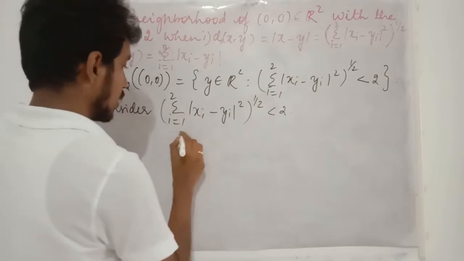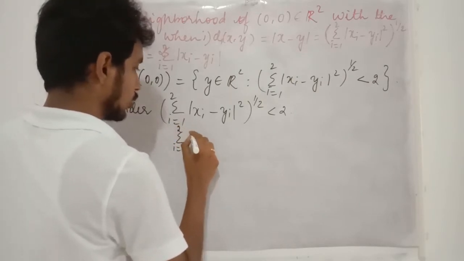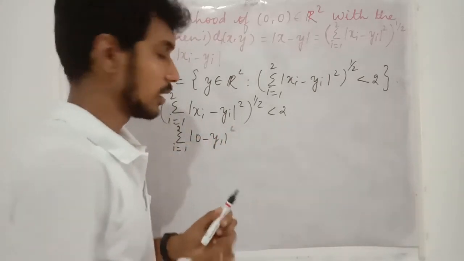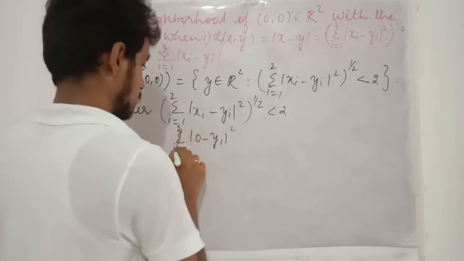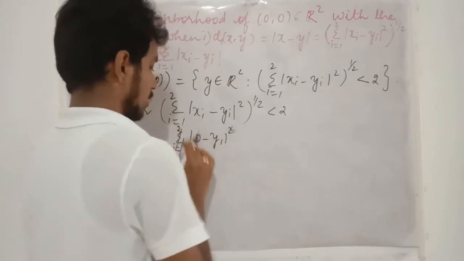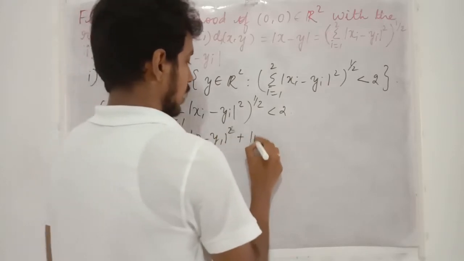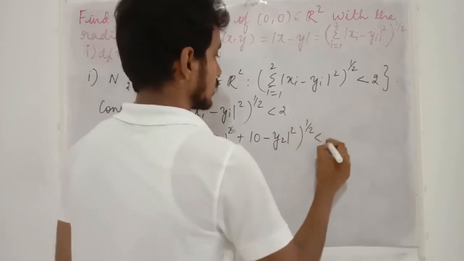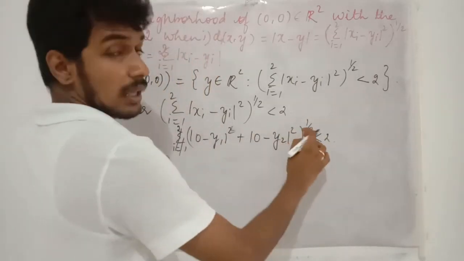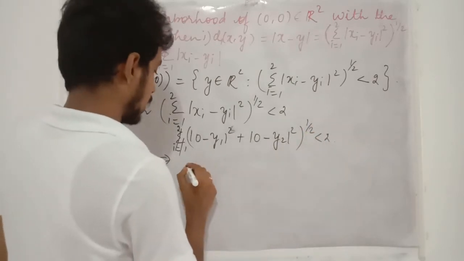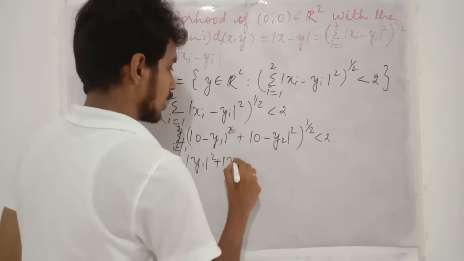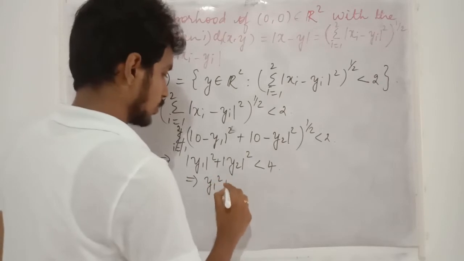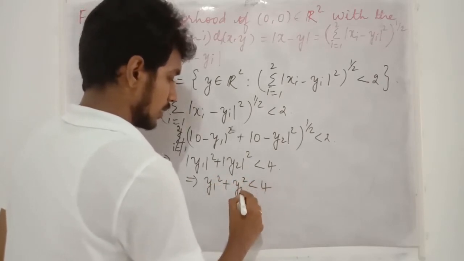When you substitute here, we get the square root of absolute of 0 minus y1 square plus absolute of 0 minus y2 square, less than 2. When you take this power 1 by 2 to the other side, we have absolute of y1 square plus absolute of y2 square less than 4. This clearly tells you that y1 square plus y2 square is less than 4.